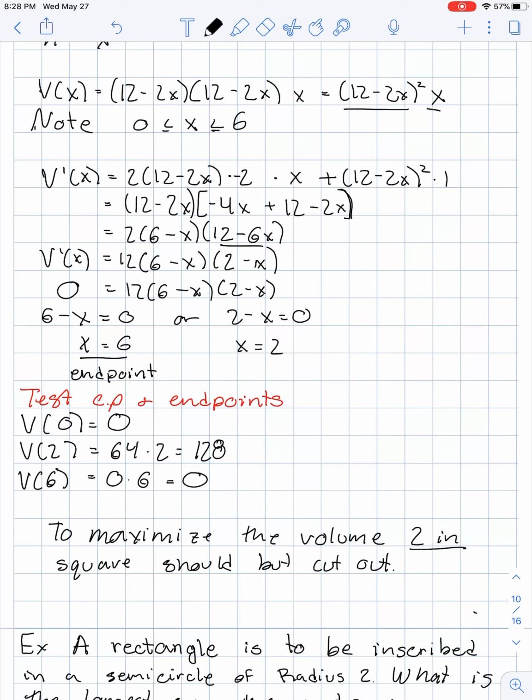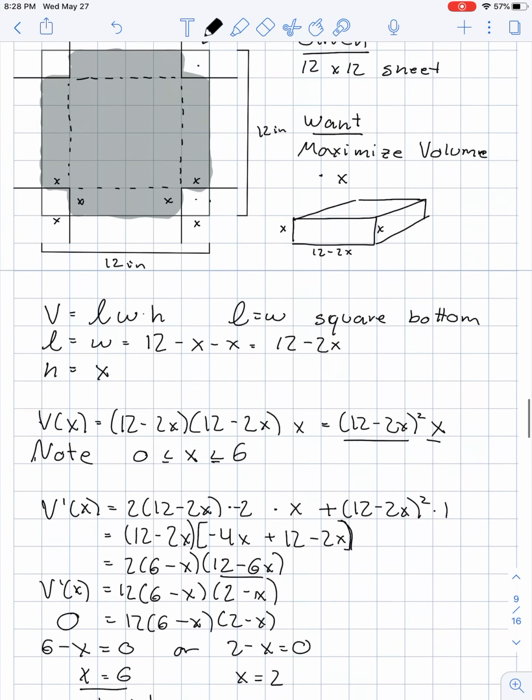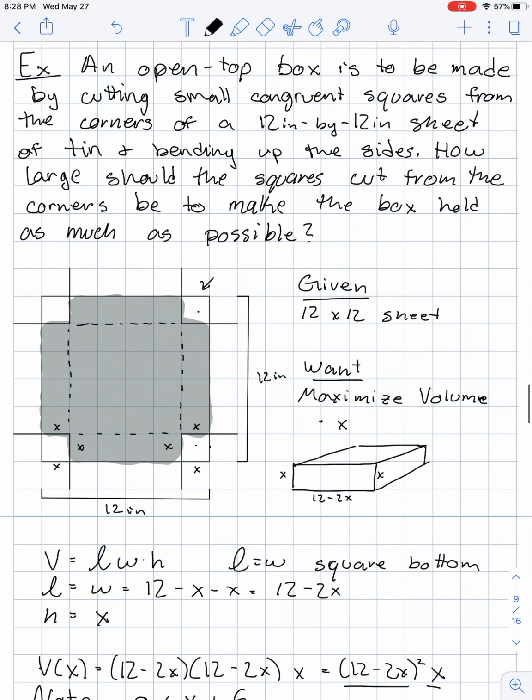And we also want to add on a unit. I forgot the word for that. We want to add a unit, right? We were given units in the beginning. We had a 12-inch by 12-inch.